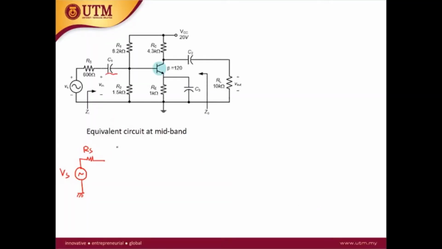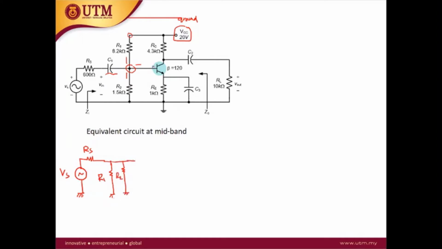Okay, and then after that we come to this node where we have three branches. The first one is R1. Another terminal of R1 is connected to VCC, which in AC analysis is ground, so R1 goes to ground. The same for R2.